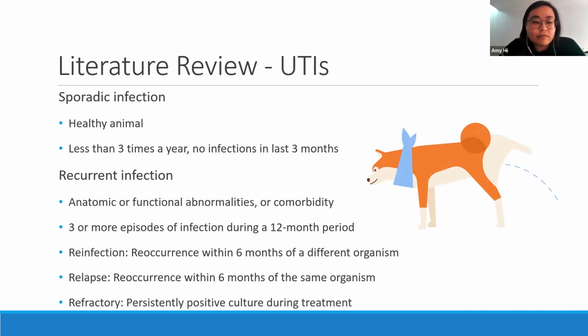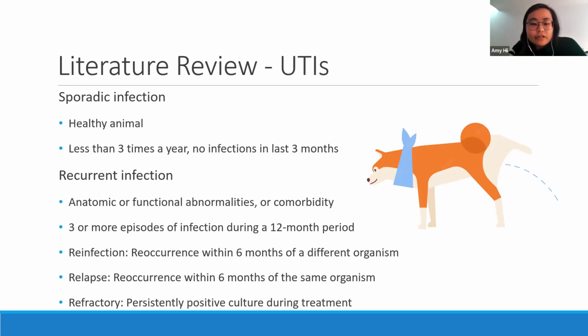Sporadic infections involve healthy animals with no underlying systemic, anatomic, neurologic, or functional problem. These cases are not recurrent and occur less than 3 times per year. And also they should not have had an infection in the last 3 months.